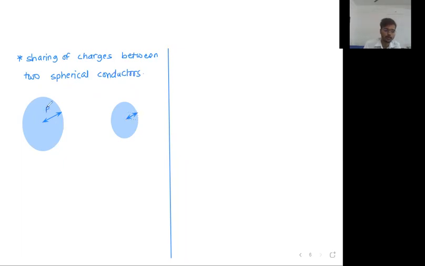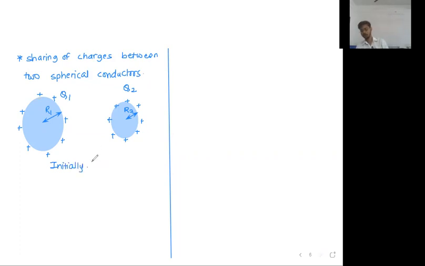Let's say the charge on the first conductor is Q1 and the charge on the second conductor is Q2. This was the situation initially.